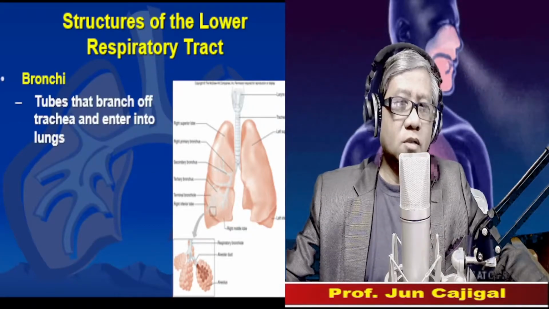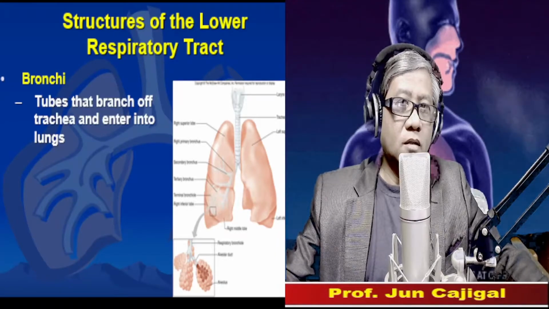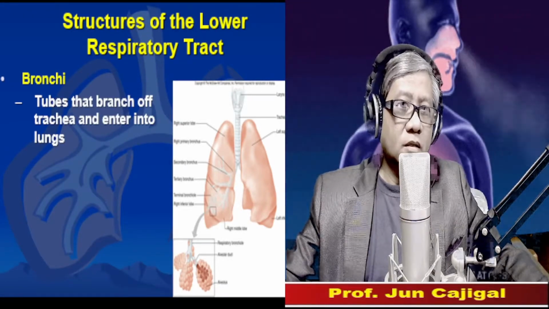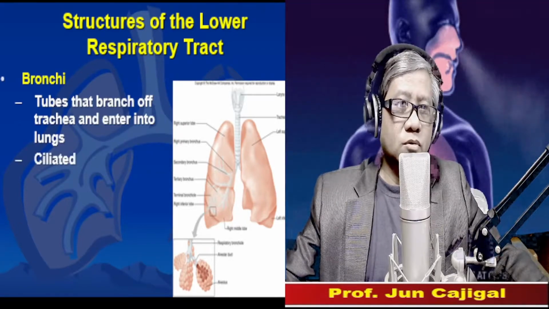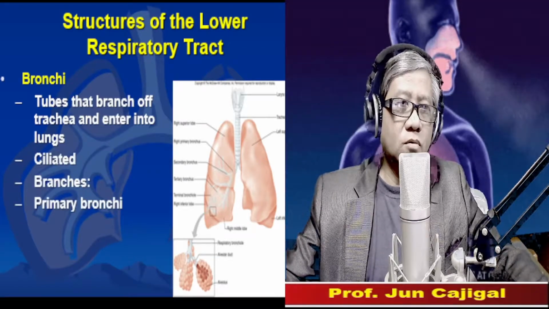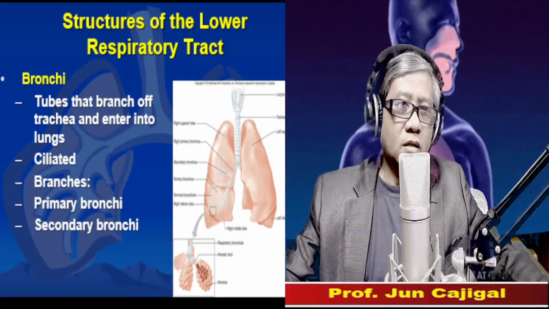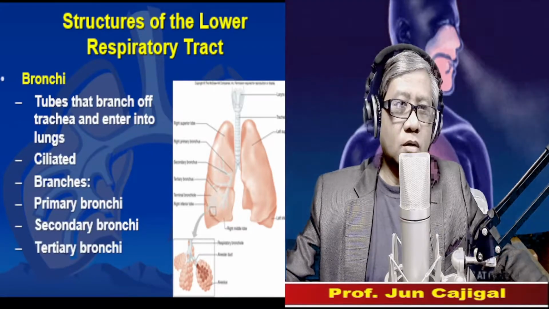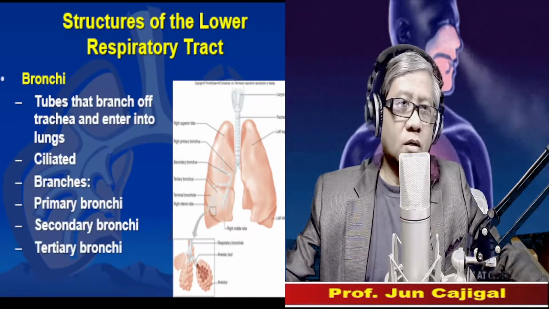The bronchi are the tubes that branch off from the trachea and enter into the lungs. And just like the trachea, the bronchi are also ciliated. And once inside the lungs, the bronchi further divide into the primary bronchi, then into the secondary bronchi, then tertiary bronchi.